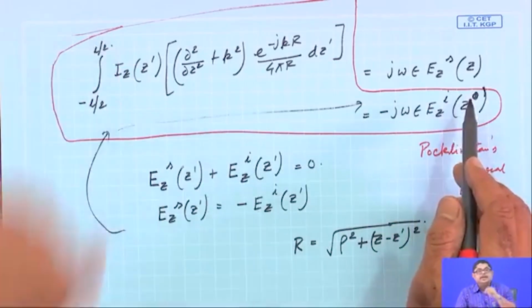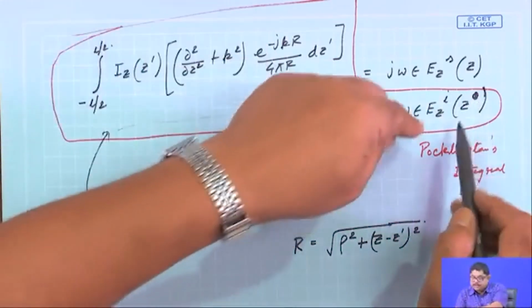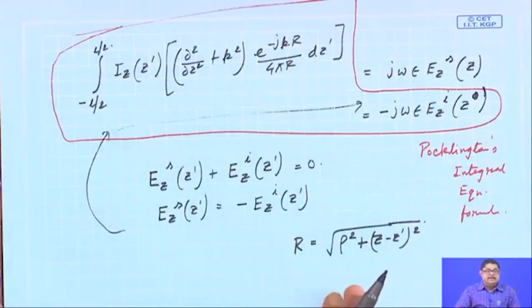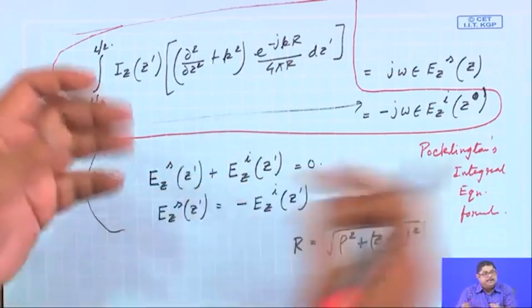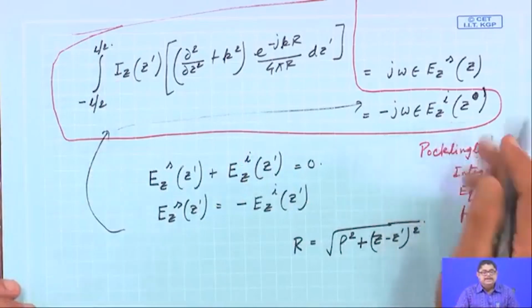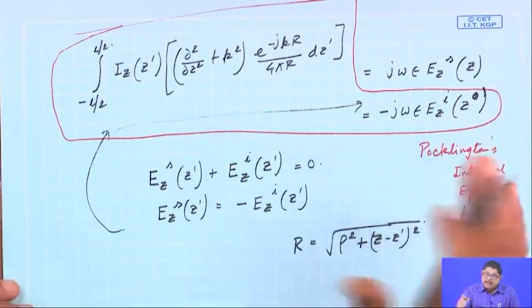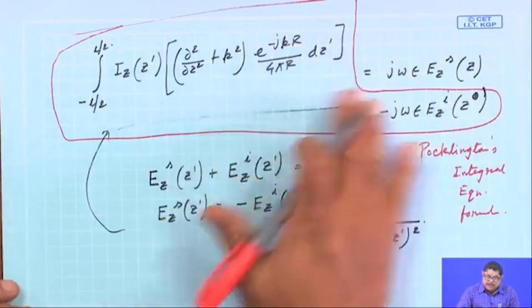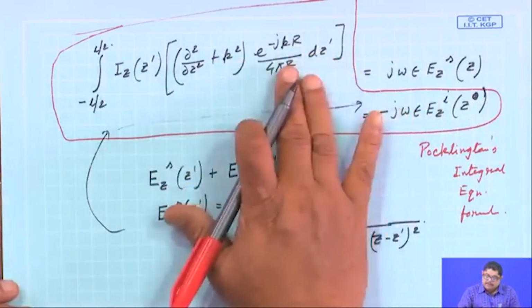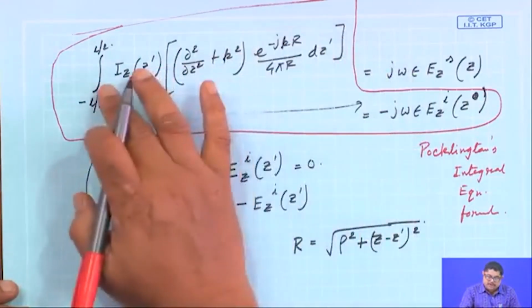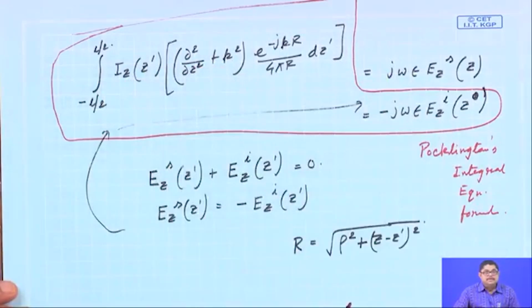Actually, from the given excitation, the spark gap, I can calculate E z. If any other type of feed, I can find that. So, E z is in my hand, it is known. This side is known, this side is some operations, this function is known. So, I need to solve it.